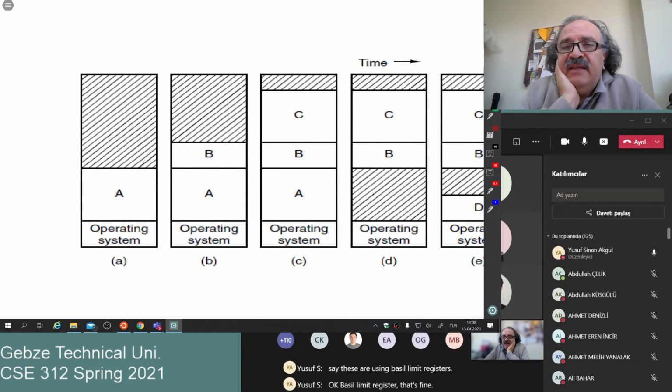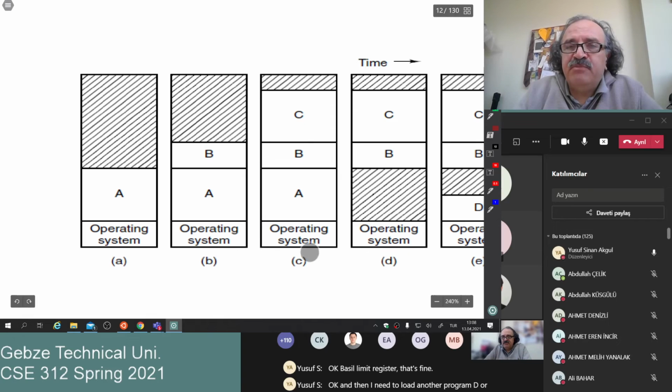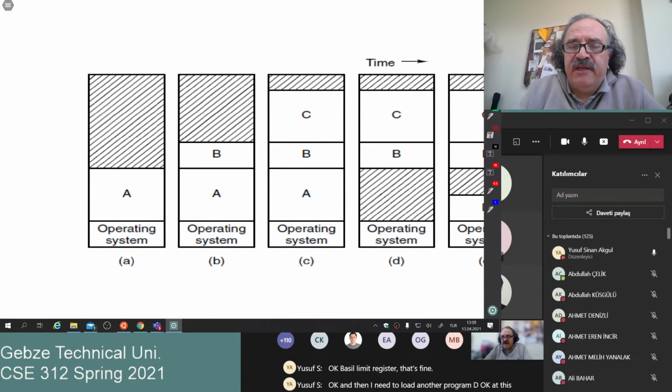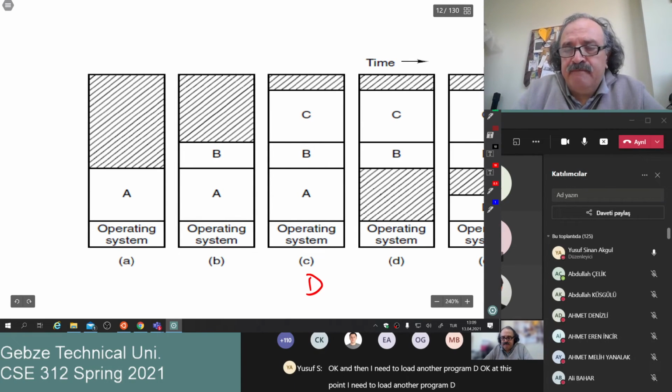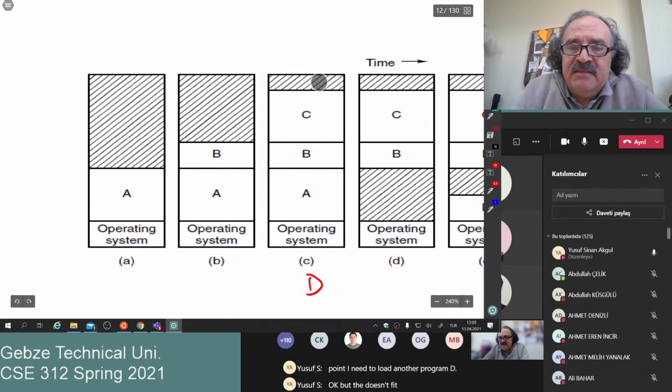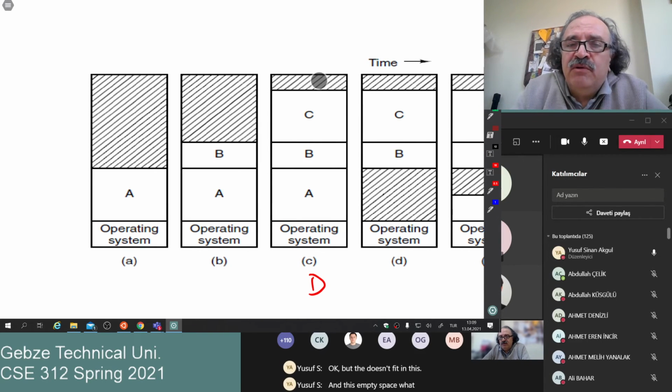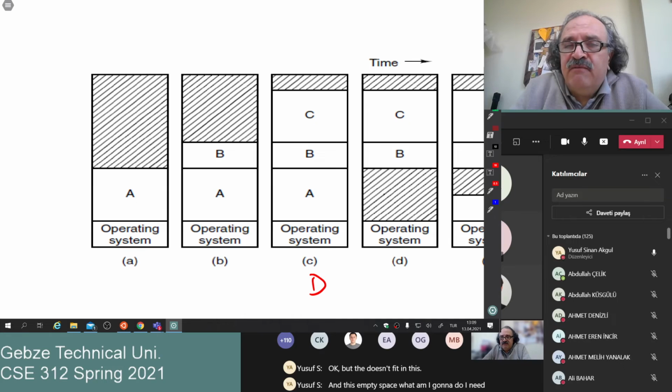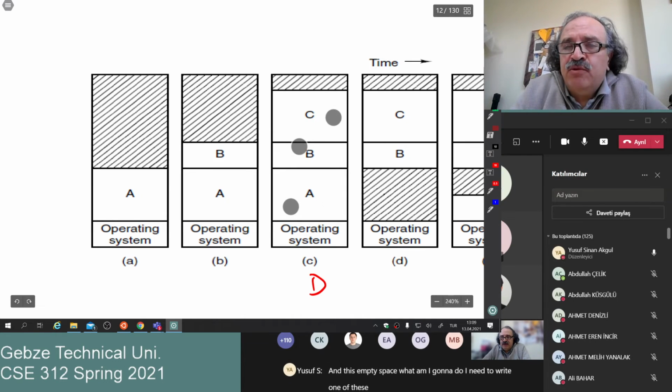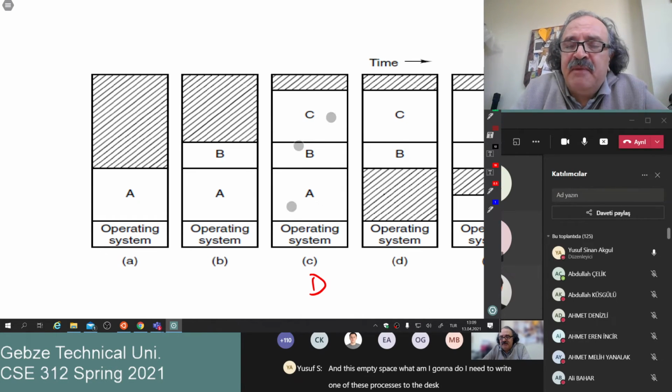Then I need to load another program D. But D doesn't fit in this empty space. What am I going to do? I need to write one of these processes to the disk and make some space available.